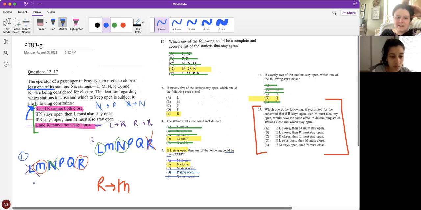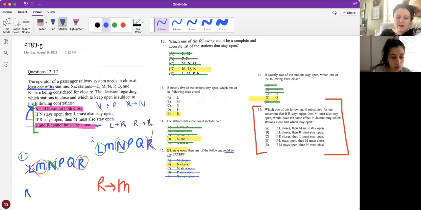So what that means is if N is closed, we have R. What if I said if N is closed, we have M? That wouldn't be the same thing. Why wouldn't it?